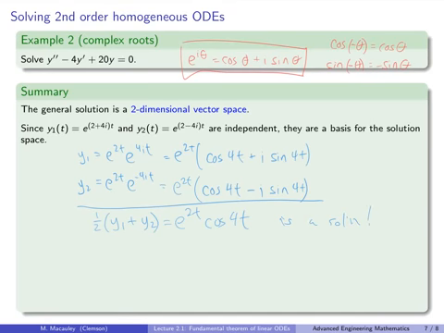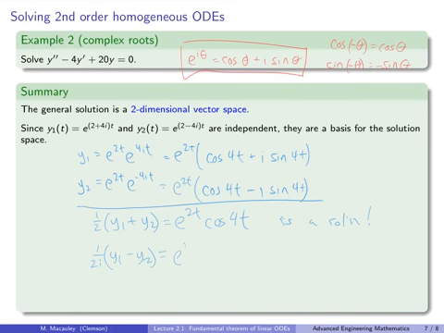Now what else could we do instead of adding these things up? We could have subtracted them. Well, if we subtract these two, then the cosines cancel, and we are left with 2i sine of 4t times e to the 2t. So let me write that out: 1 over 2i, let's divide by i as well, times y1 minus y2.